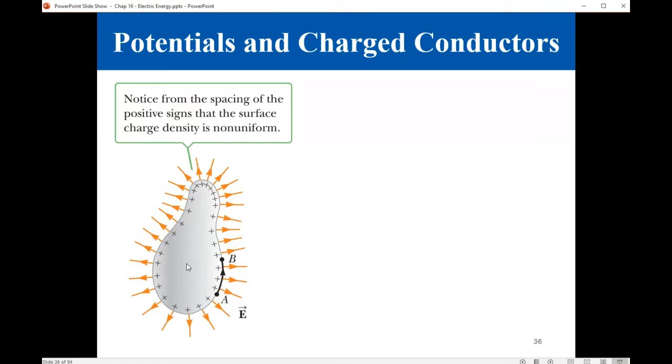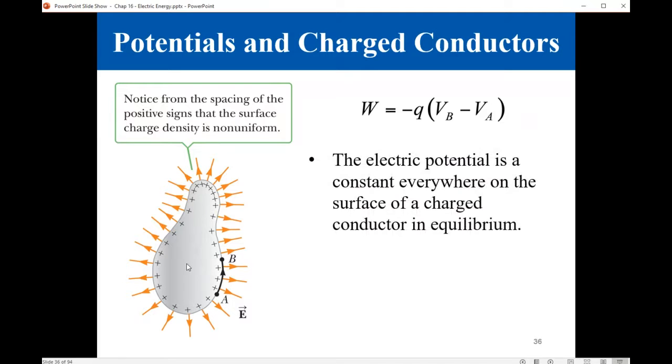This is usually what we have for conductors. So the electric potential is a constant quantity. It is constant everywhere on the surface of the charged conductor, and we are talking here about equilibrium.